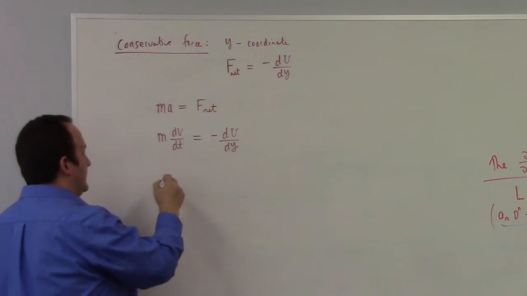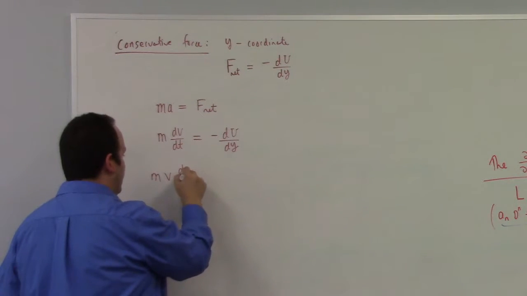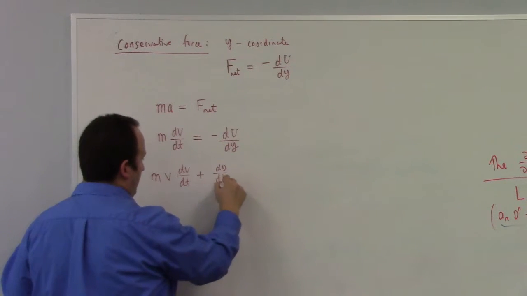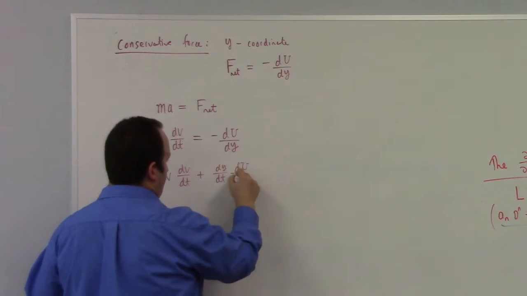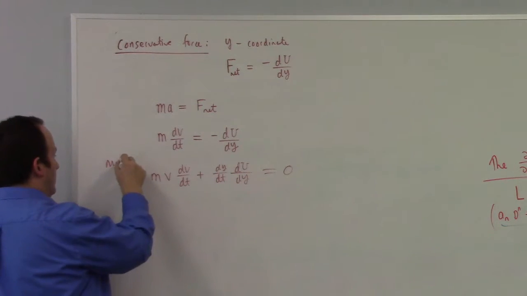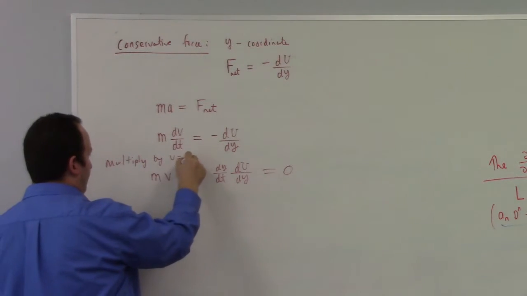Or we could rewrite this as mv dv dt plus dy dt times du dy equals 0. I multiplied by the velocity.